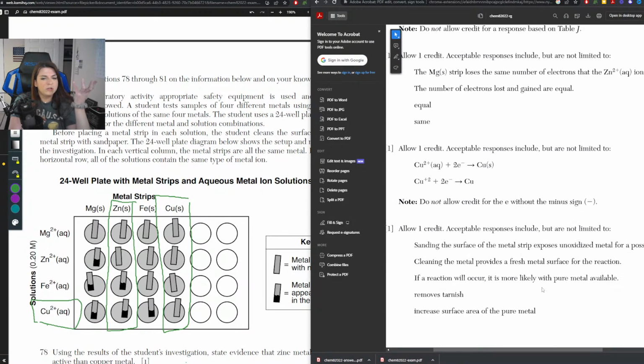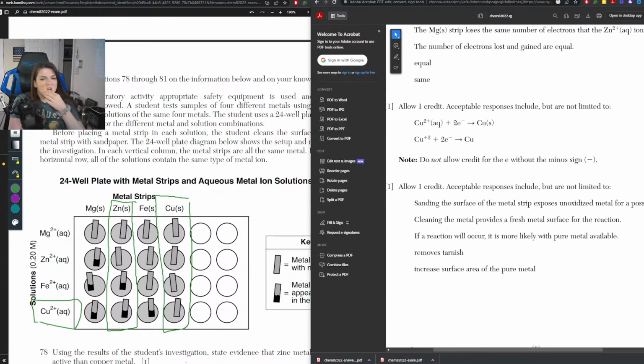Aside to make sure they're clean. Fresh metal surface. If a reaction will occur, it's more likely with a pure metal. Remove tarnish. Increase surface area. Of pure metal. Including but not limited to.